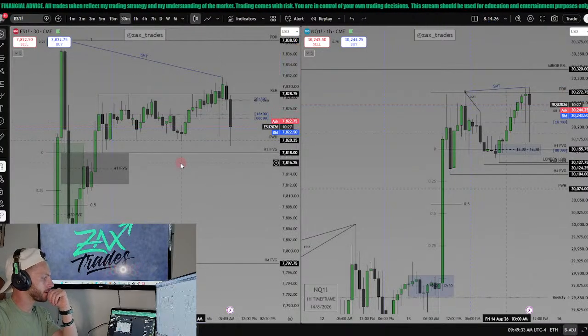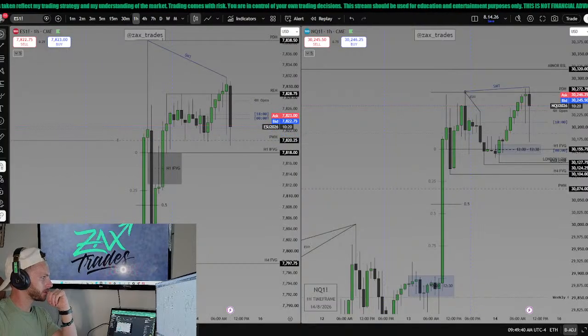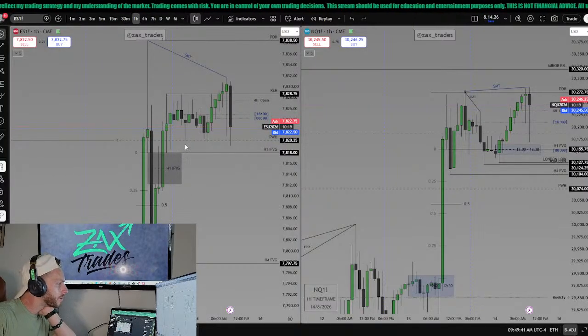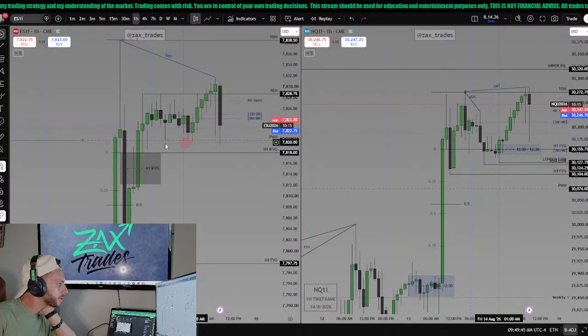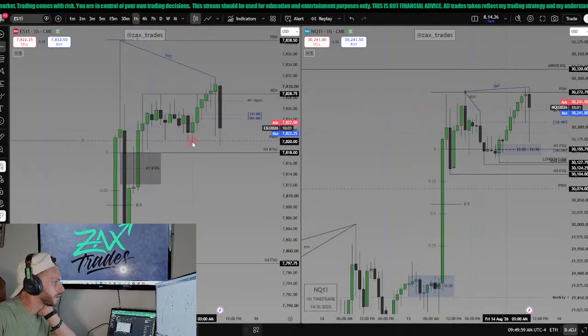Okay, now this is interesting now that I'm looking at this. Let me go to the hourly on ES here. So we did actually have an SMT overnight at that Asia London low there. ES London low swept the Asia low.